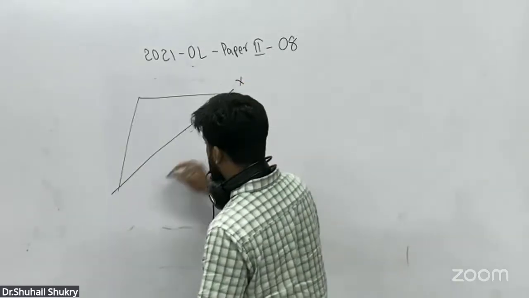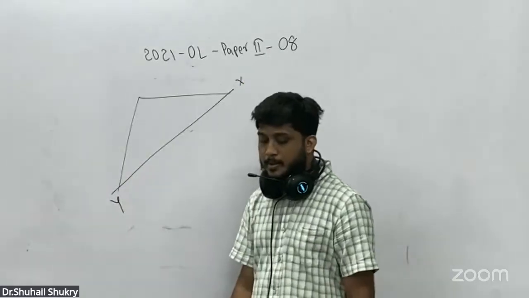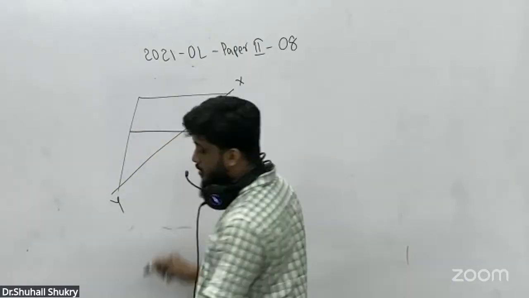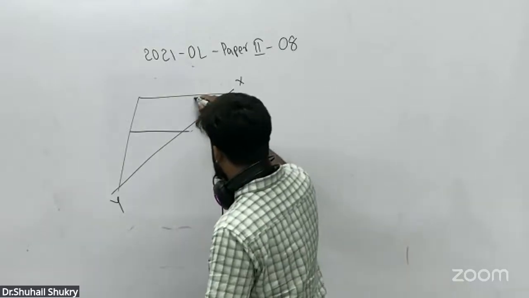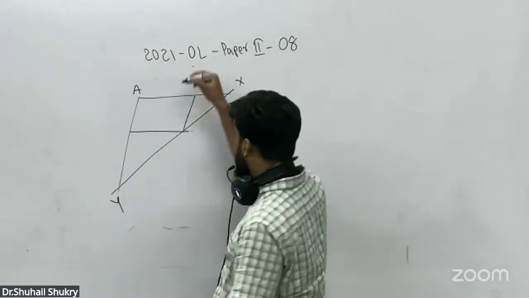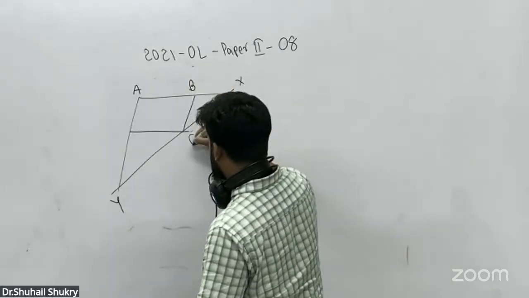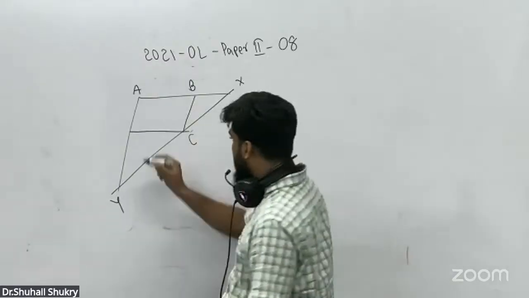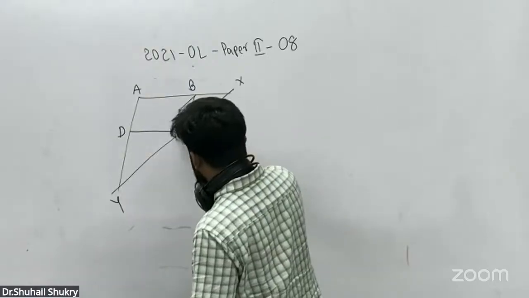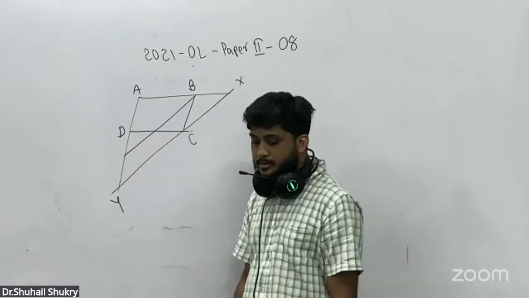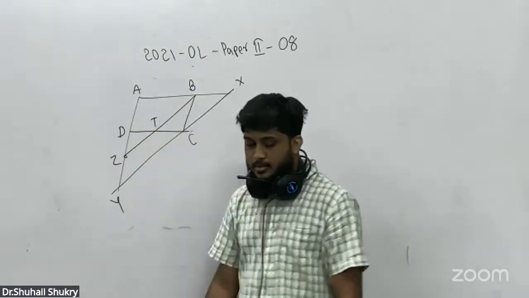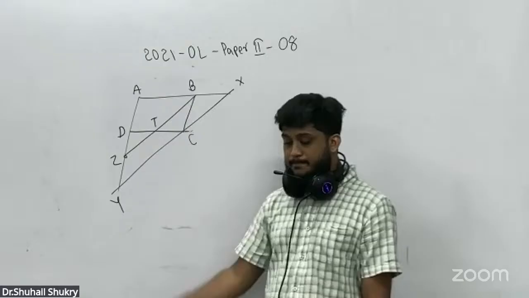This is X, this is Y, and this is AB. This is A, this is B, this one is C, this one is D. Then another line is going like this. This is T, this is Z, and this one is Y.